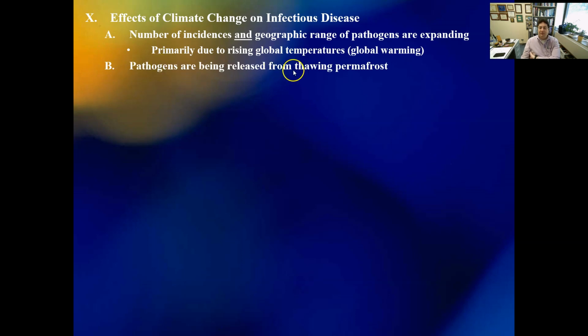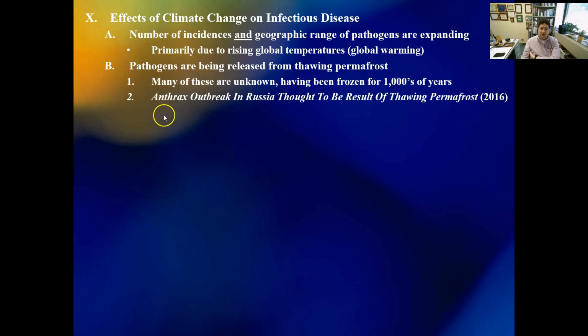Pathogens are also being released from thawing permafrost. We talked about that in a previous chapter. Many of these that are being released are unknown. Remember, they've been frozen in permafrost for thousands of years. Here's a recent article. Anthrax outbreak in Russia thought to be a result of thawing permafrost.